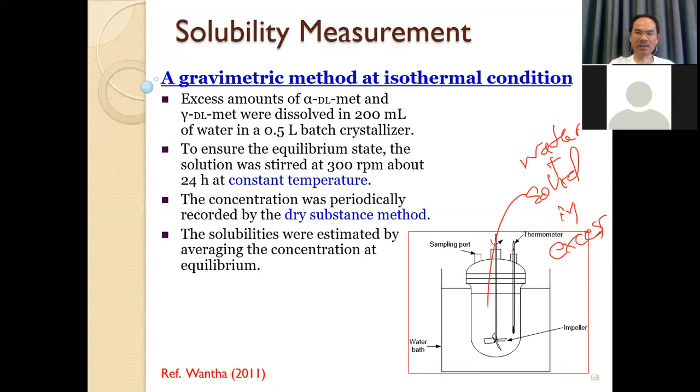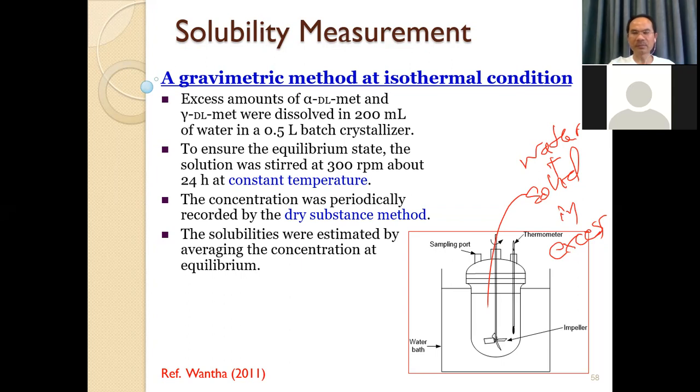In the system, we have liquid and solid. In the liquid, we have two components: the solid that dissolves in liquid, and water. The solid phase is one component, but the liquid phase has two components.